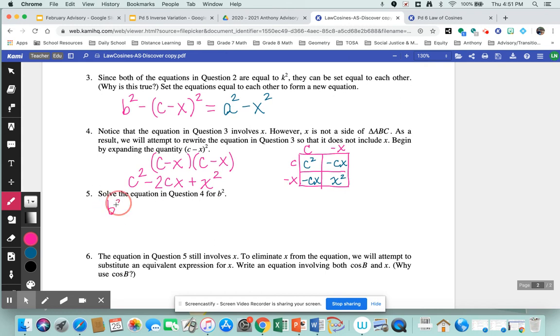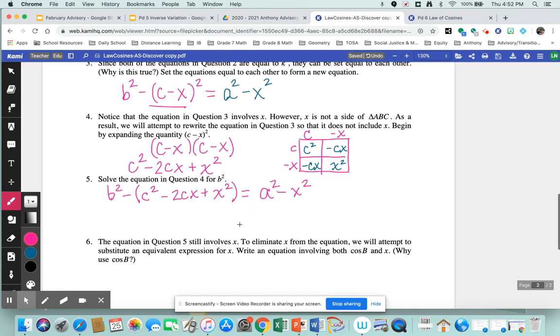So b squared minus, now this all needs to go in parentheses because it's subtraction right there. c squared minus 2cx plus x squared, close the parentheses. I'm just subbing this in for that c minus x quantity squared at the top, is equal to a squared minus x squared. So this is saying solve this now for b squared.